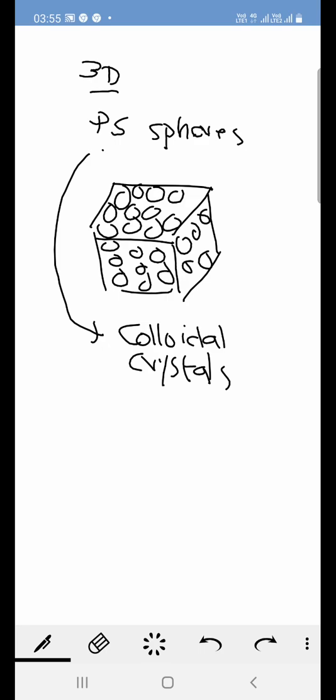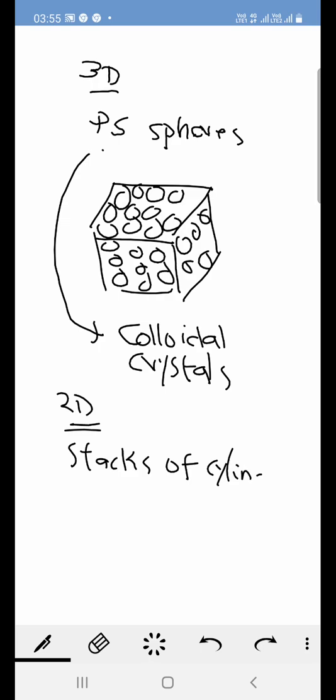The 2D, on the other hand, is actually a stack of cylinders or parallelogram grids, stacked like this.